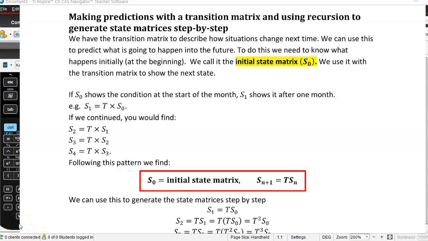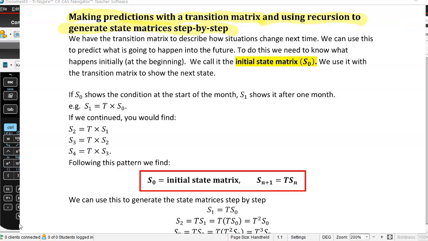So let's start to make predictions with a transition matrix and use recursion to generate state matrices step by step. You'll remember with recursion that that's going from step to step to step.